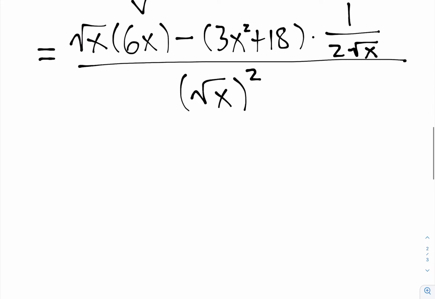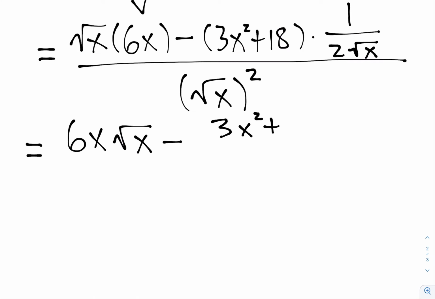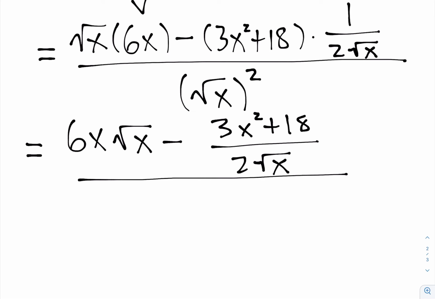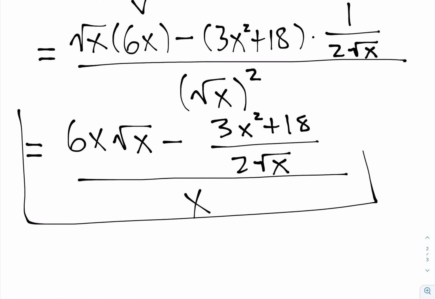To simplify this, we're going to get 6x root x minus (3x squared plus 18) over 2 root x. And all of that is going to be divided by the square root of x squared, which is just x. So this is going to be your final answer here using the quotient rule.